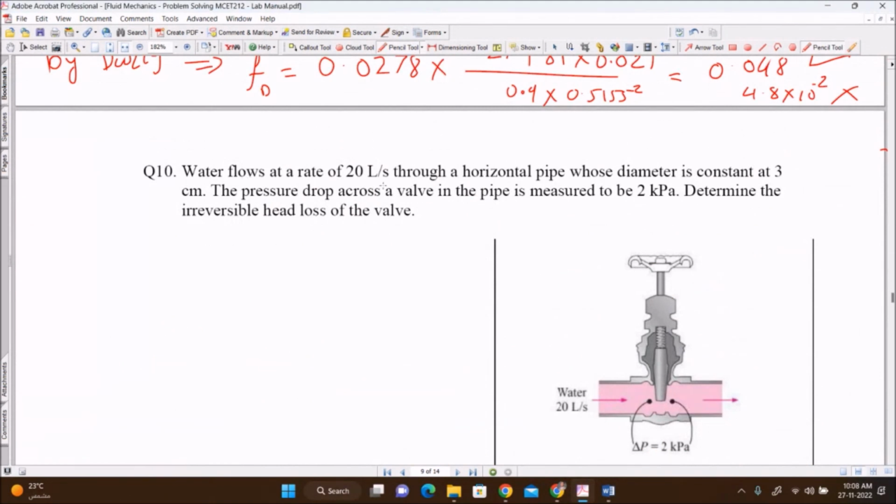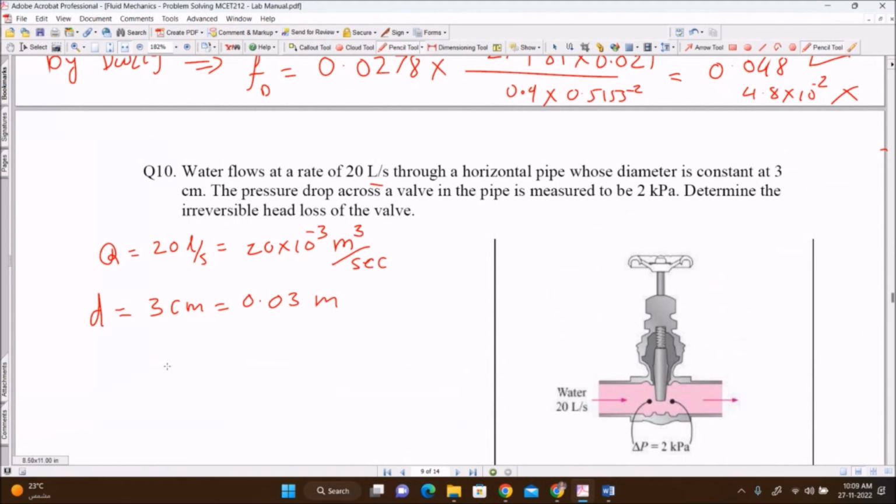The water flow rate is in liters per second. This is a discharge, meaning volume flow rate. Q is equal to 20 liters per second, which is 20 into 10 to the power minus 3 meter cube per second. D is given as 3 centimeter, which is 0.03 meter.